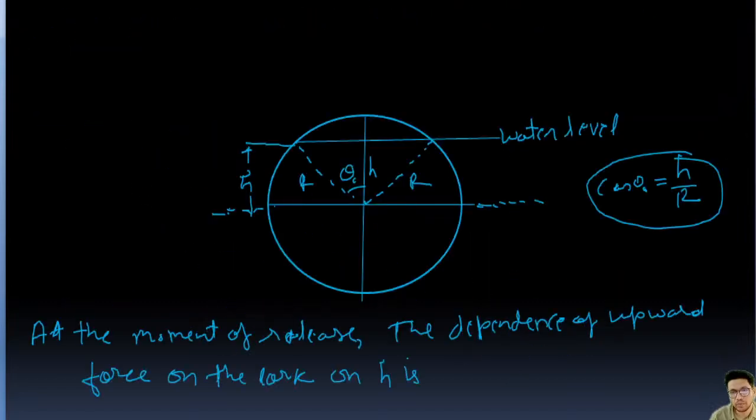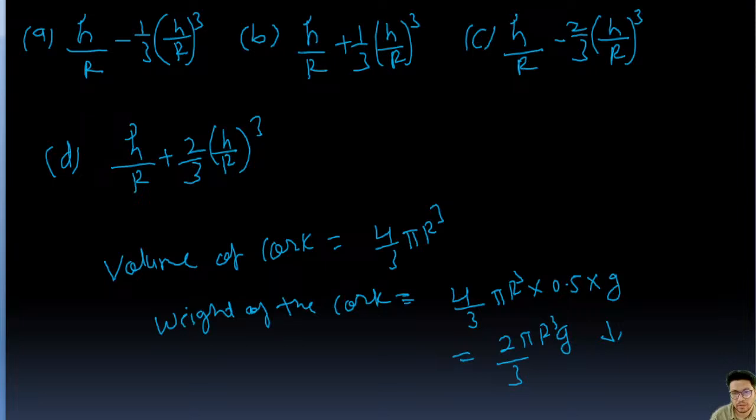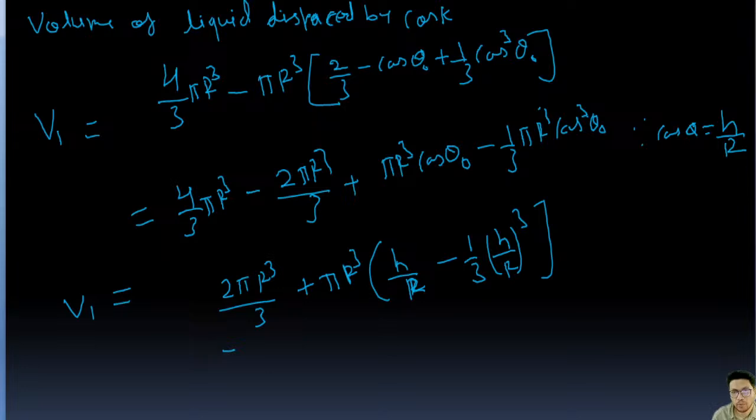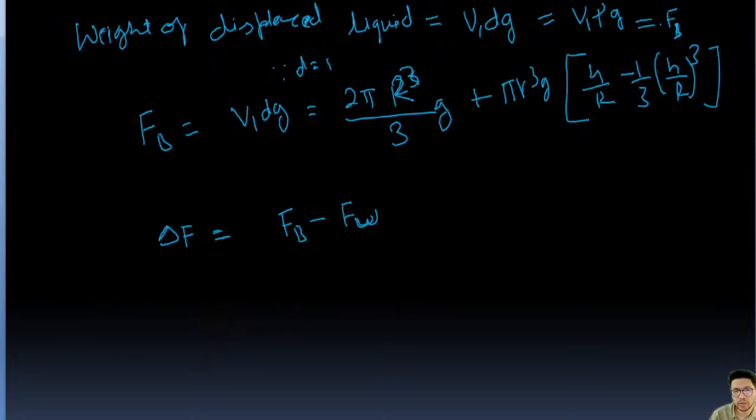This one is the weight of the cork, which would be downward, and we write that as Fw. So the upward force is the buoyant force minus the force exerted by the cork.